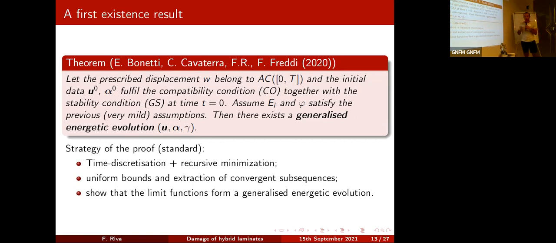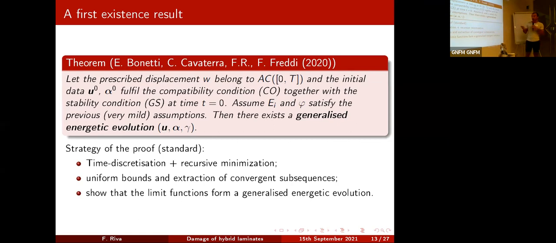So the strategy of the proof we followed is quite standard for this kind of problem. We used a time discretization plus a minimizing movement scheme. This is for mathematicians. And thanks to this algorithm, we were able to find some uniform bounds, extract suitable convergent subsequences, and then we were able to prove that this limit was actually a generalized energetic evolution.